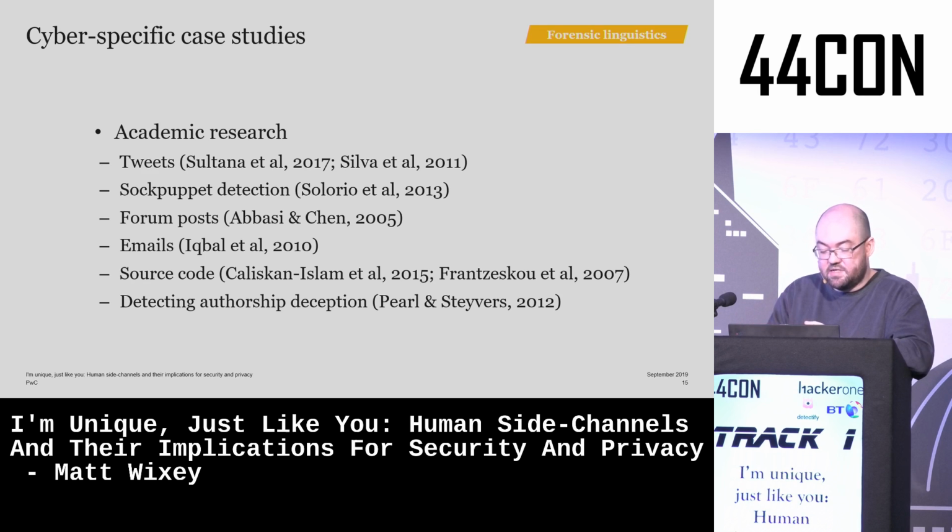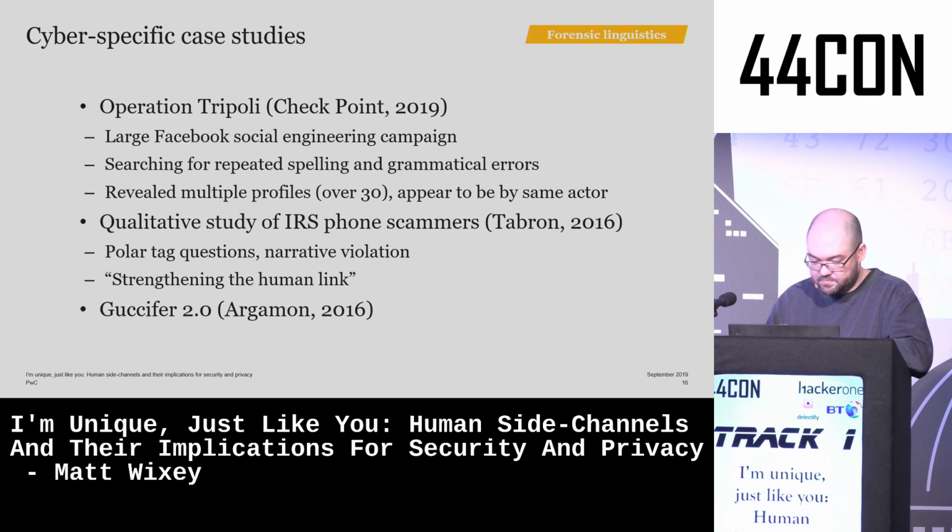So Aylin Caliskan-Islam and others have done some really great work on de-anonymizing programmers from compiled binaries, which is fantastic. And there's also been work on detecting authorship deception. This is where authors try and pass themselves off as someone else, so try and imitate someone else's writing style.